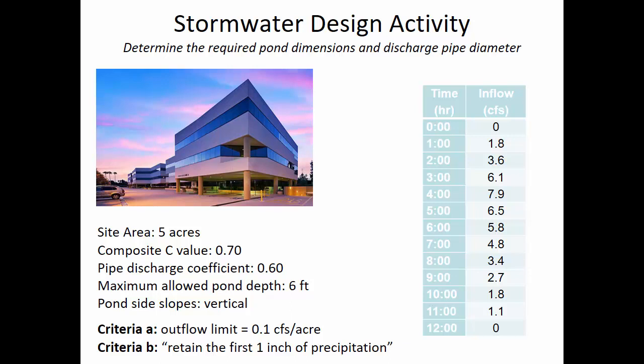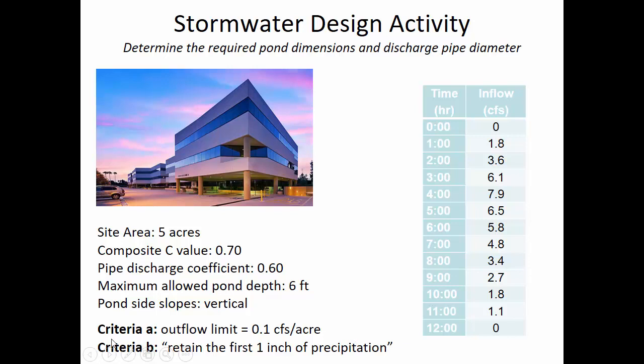If we just dump that straight into the creek, there's going to be flooding, there's going to be scour. So we need to design a pond that dumps it out a lot more slowly. It's not that the overall volume is going to be decreased, it's just we're delaying the timing of it. So criteria A would limit our outflow to 0.5 CFS.